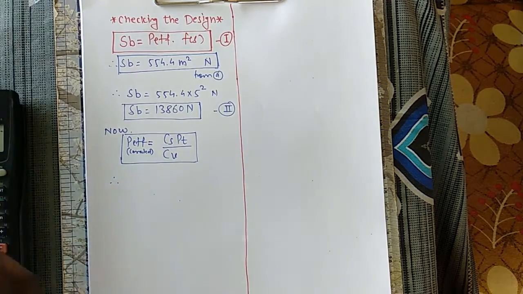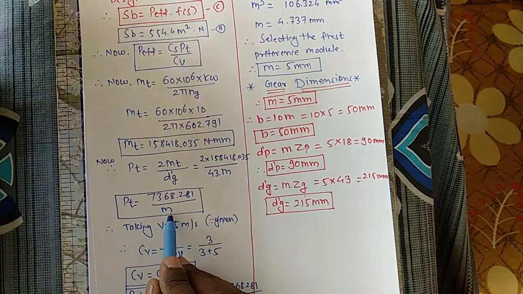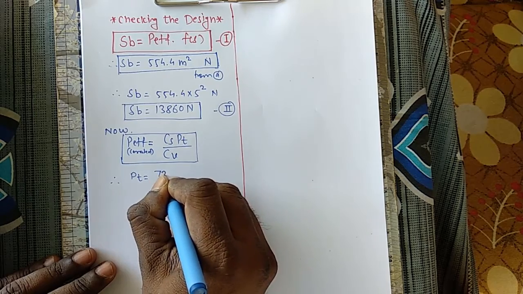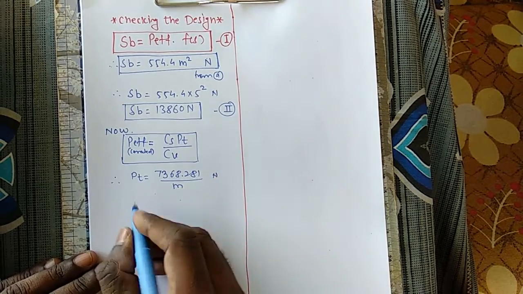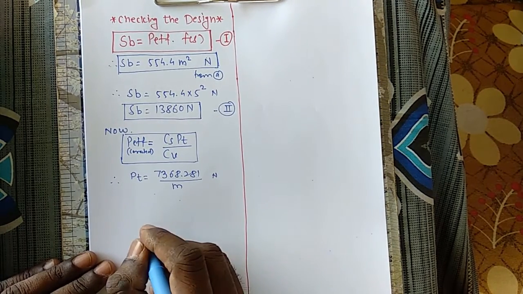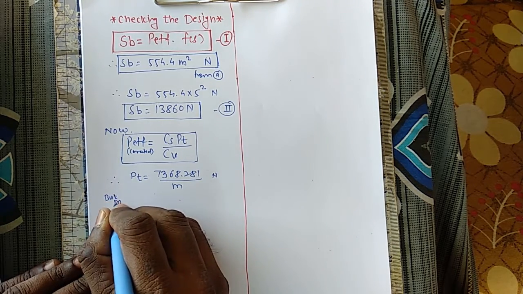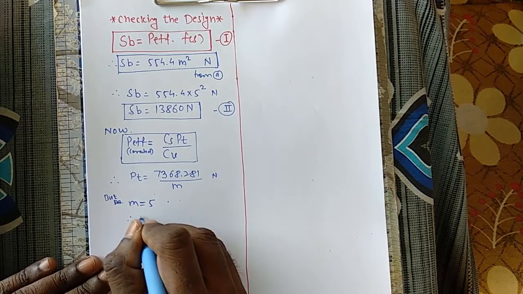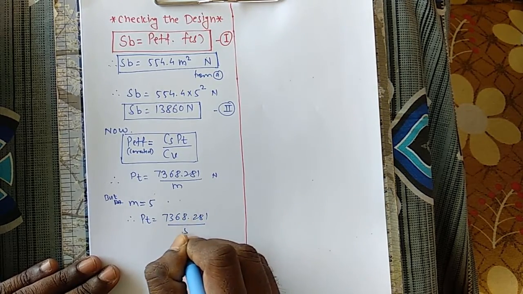So already we had the value of PT like this. See here, PT is equal to 7368.281 divided by m Newton, and again m is equal to 5. But m is equal to 5, that value I will keep here. Therefore PT is equal to 7368.281 divided by 5.